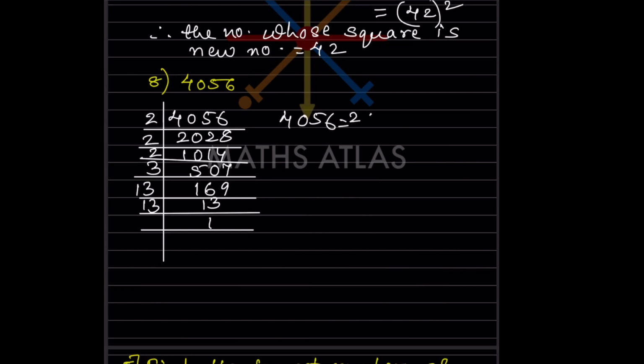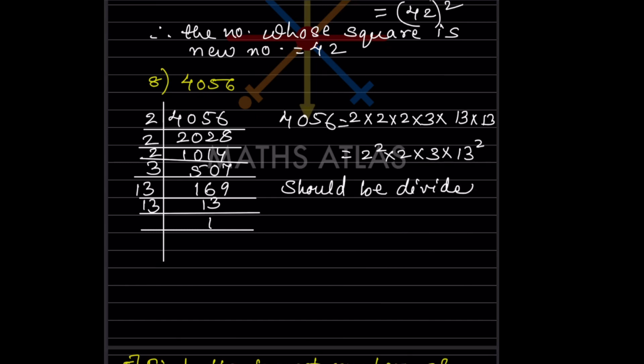So now this will be 2s are 3. 3 is just alone here. 13 and 13 are 2. So you can see here 2 square into 2 into 3 into 13 square. So you can see two numbers are not in pairs. So we can write here, it should be divided by 2 into 3. That is going to be 6.